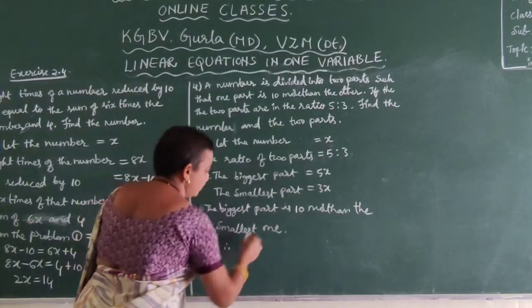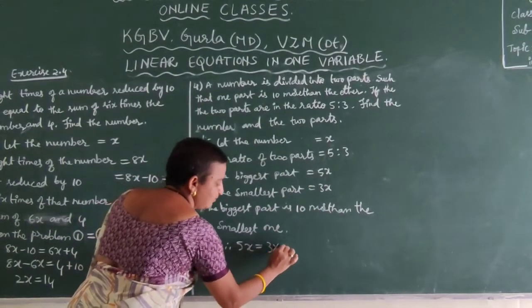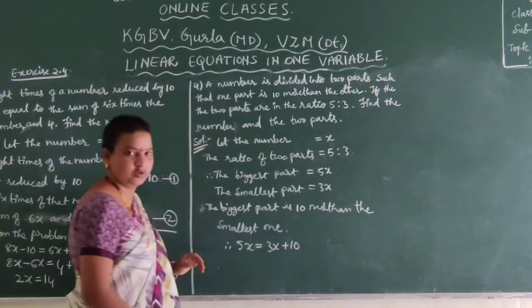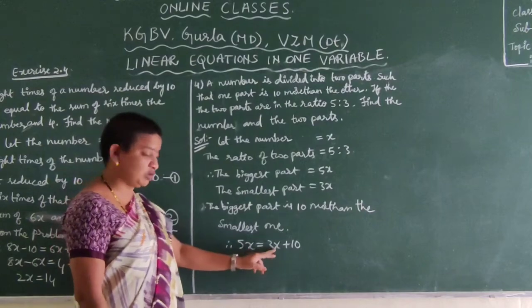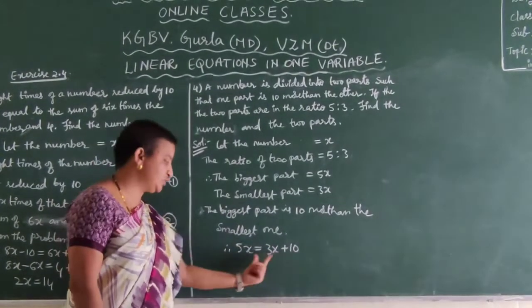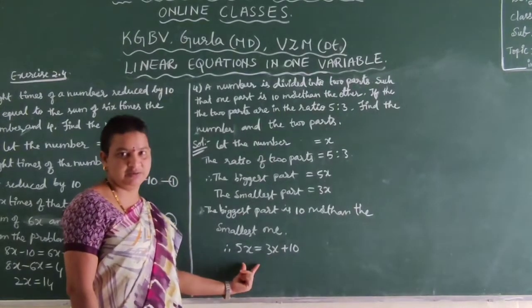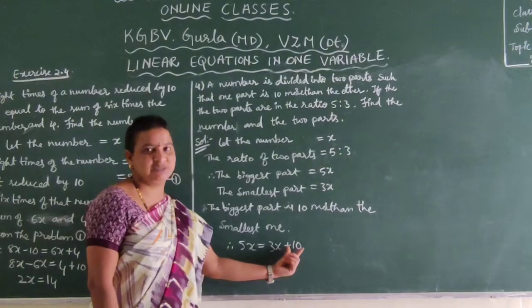Therefore, the biggest part 5x is equal to 3x plus 10. If we add 10 to the smallest one, these two will be equal. So 5x is equal to 3x plus 10.